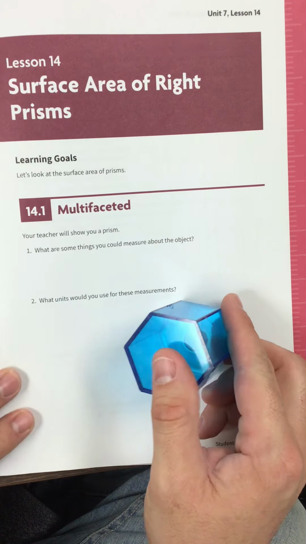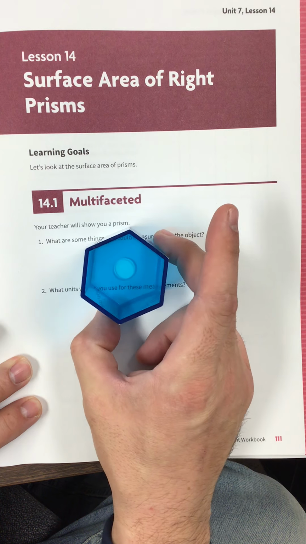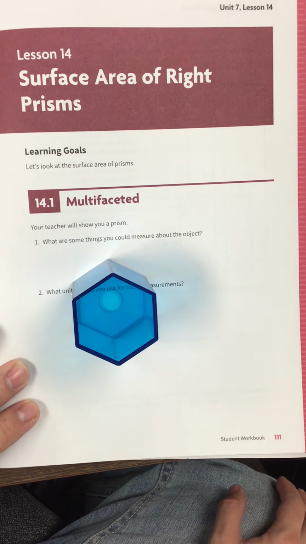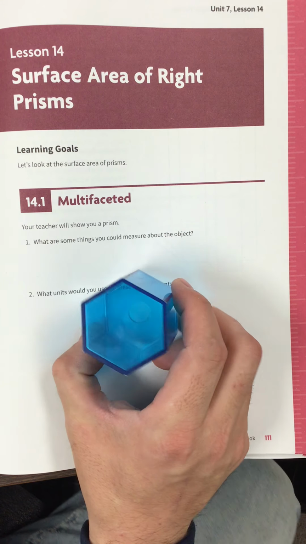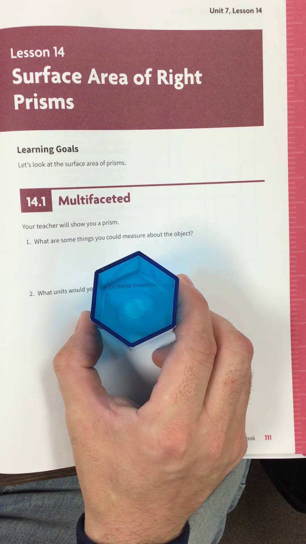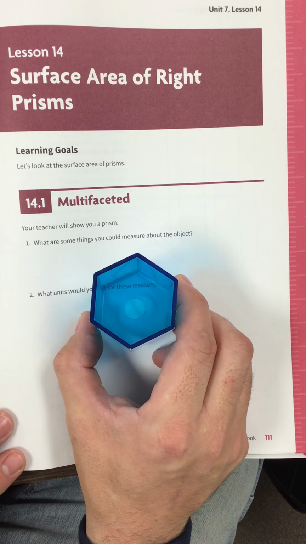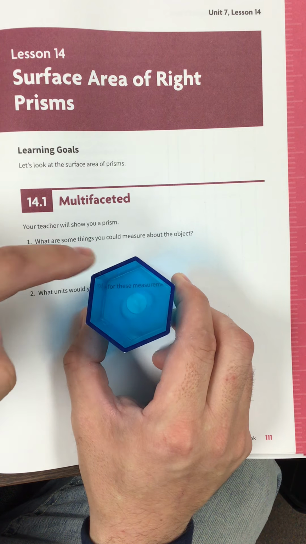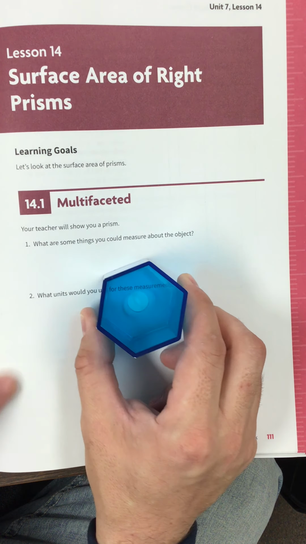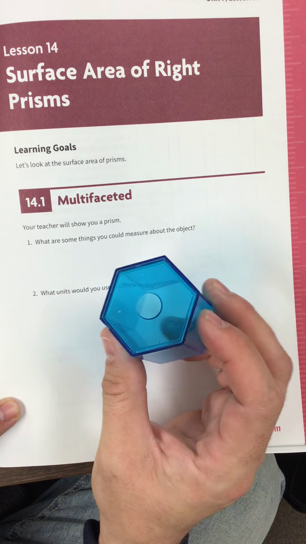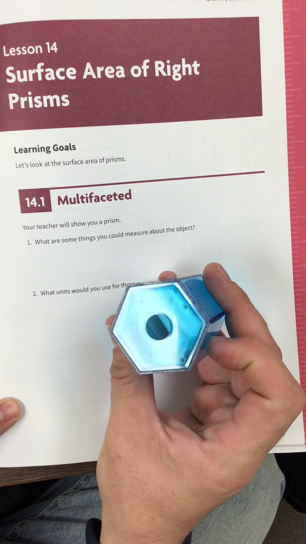So what are some things that you could measure about the object? Number one, you could measure the area of the base. You could measure the height of the object. We could measure each edge. We could measure the volume. That means how much liquid or things could fit in here.